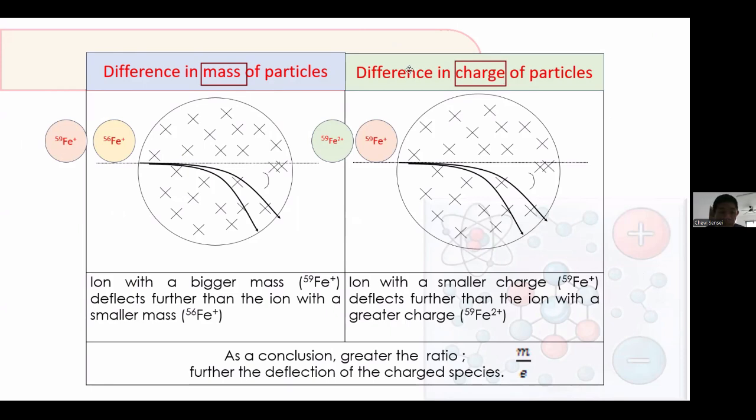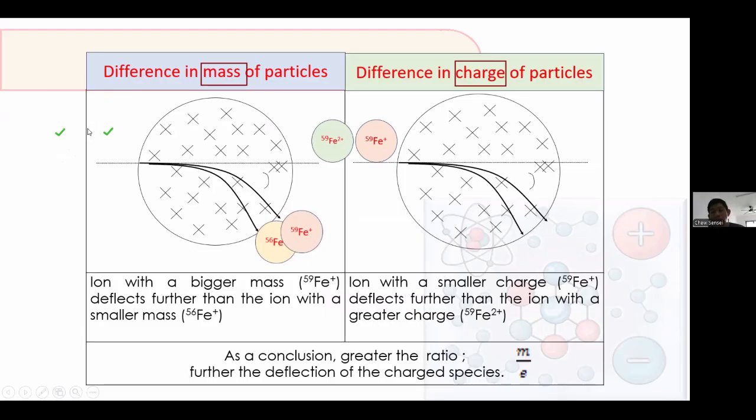If you have different masses, say iron 56 plus and iron 59 plus, how will the deflections of the particles go? The ion with a bigger mass will deflect further. This is the deflection of iron 56, while this is the deflection of iron 59.